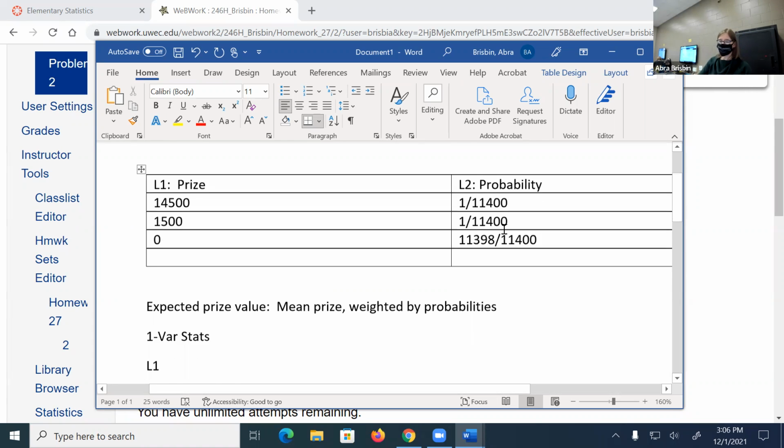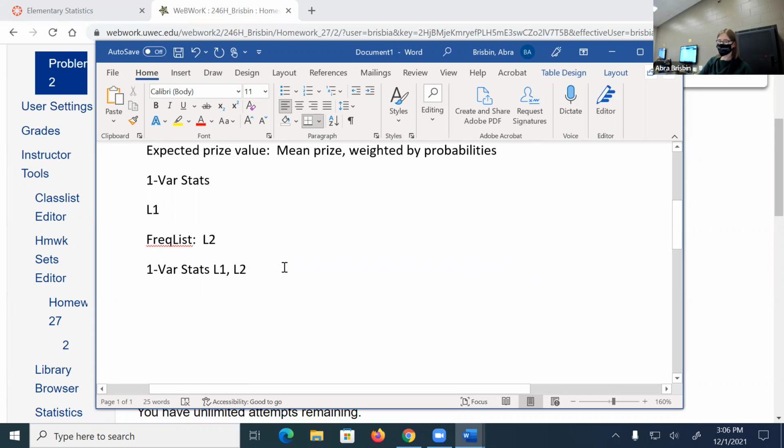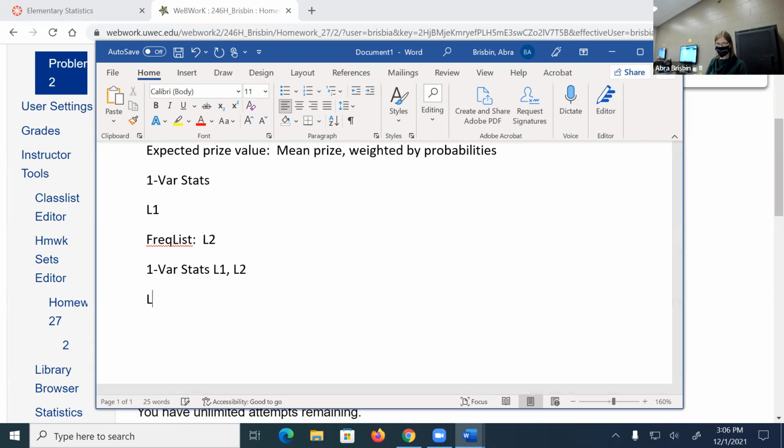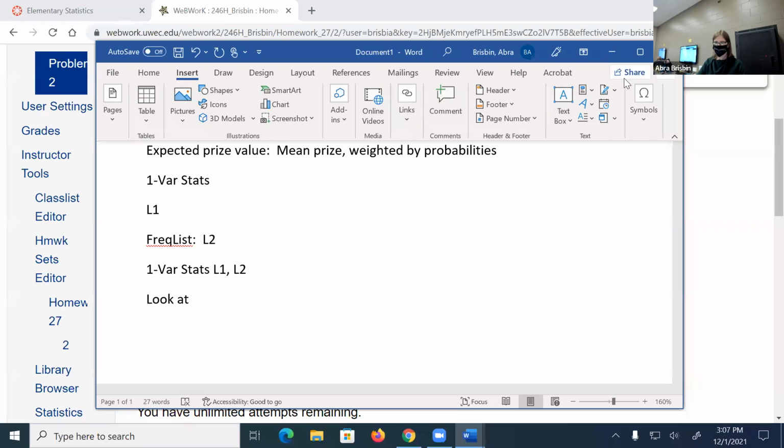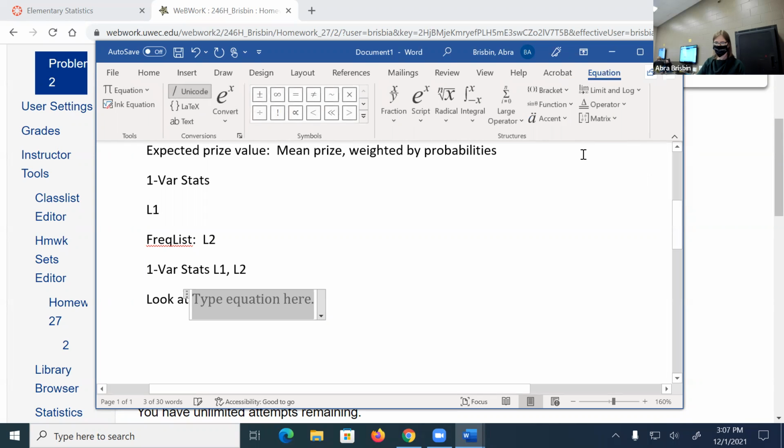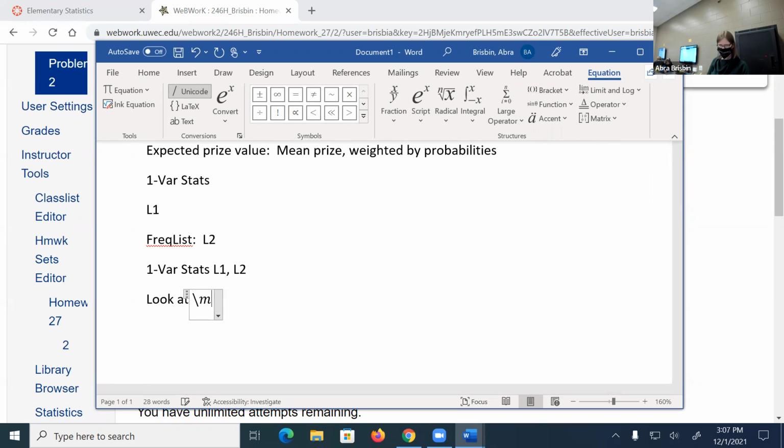And then from this one variable statistics, then just look at the mean. I don't remember if it's going to call it mu or x bar.